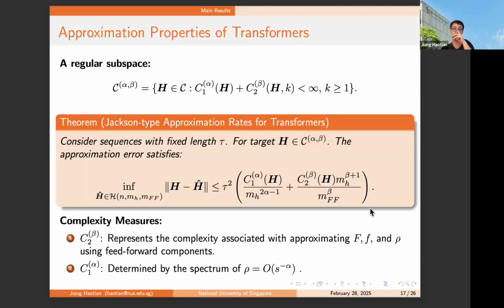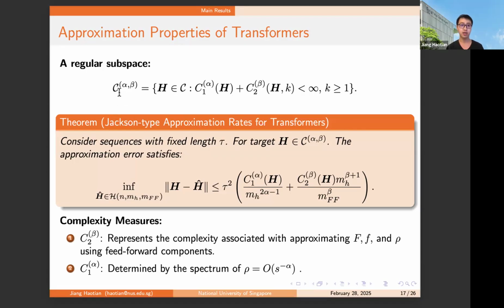Now we can look at the approximation properties of the transformers. The regular subspace we are considering here is all the continuous functions from this target space such that they have finite complexity measures C1 and C2.